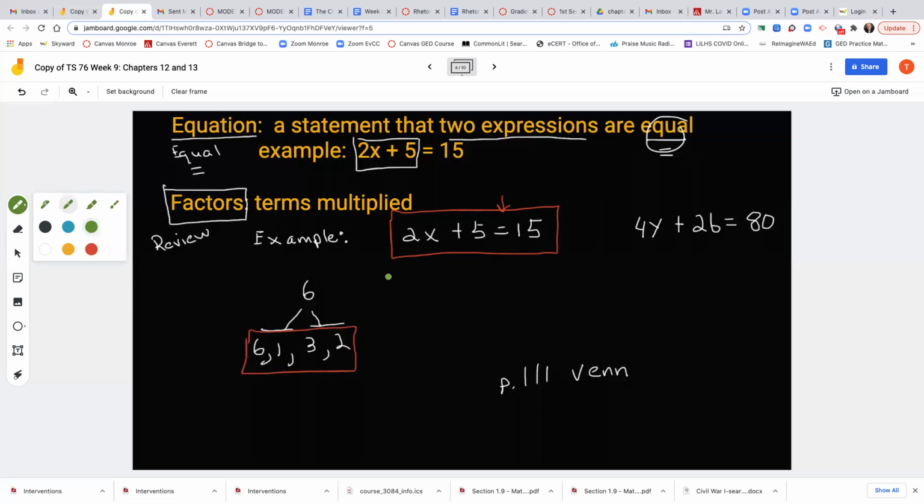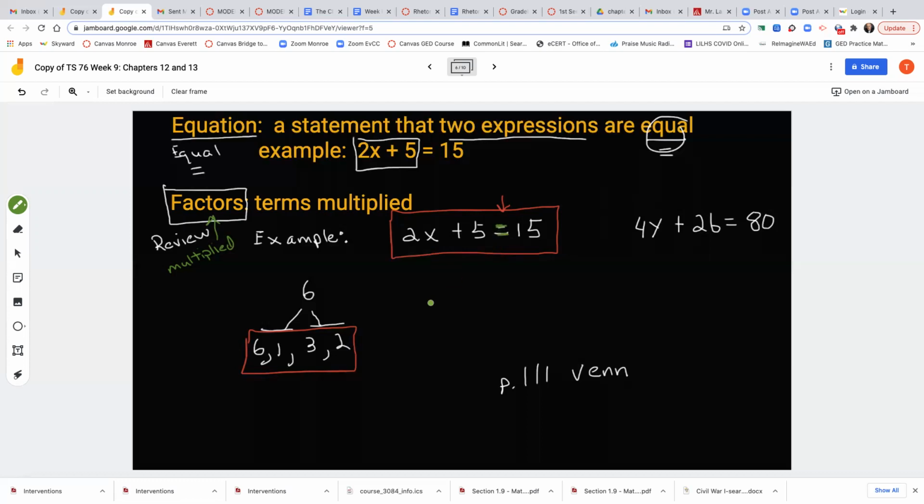This is why I wanted to apply this to algebraic expressions. Factors are things that are multiplied. That's what you can add to your notes here. That's what factors are. In this equation, what are the factors?